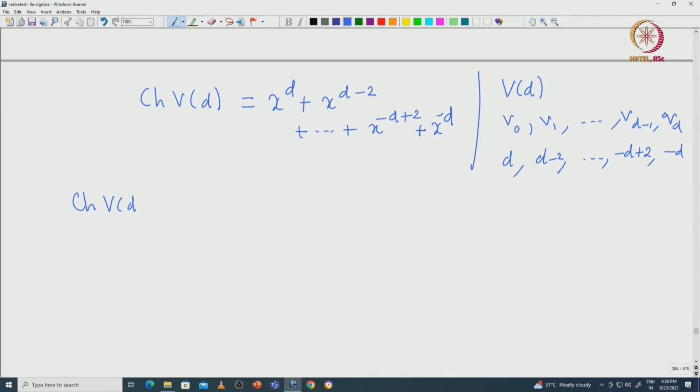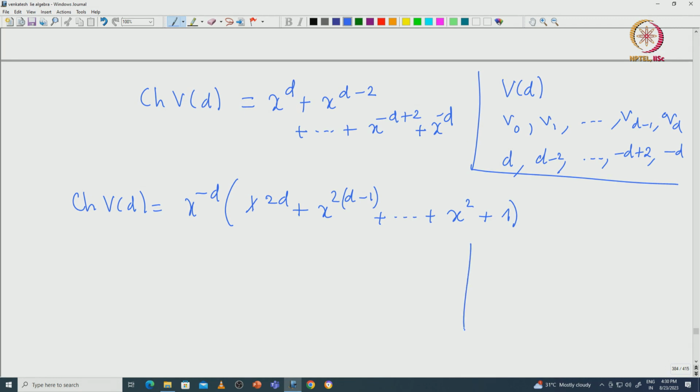The character of VD becomes x^(-D) times (x^(2D) plus x^(2D-2) plus etcetera plus x^2 plus 1). So, that is what we got.